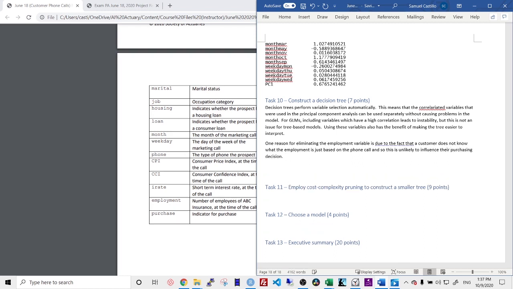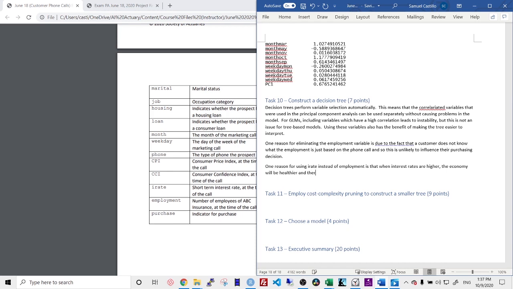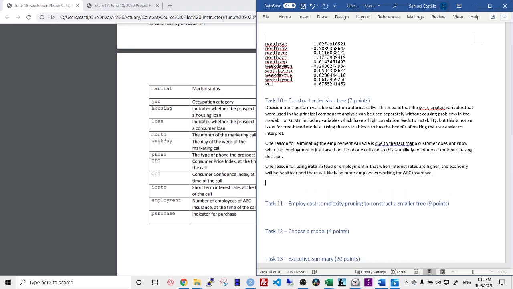You could also say something like, one reason for using irate instead of employment is that when interest rates are high, the economy will be healthier, and there will likely be more employees working for ABC Insurance. A better reason, though, is that we are interested in how the results will be used.